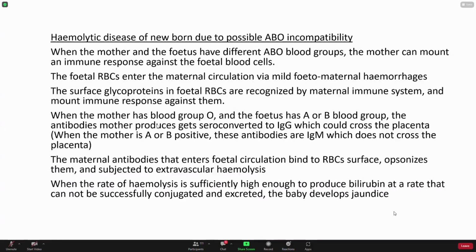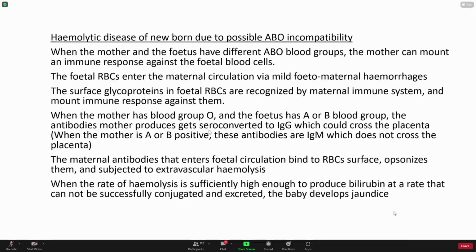When the mother has blood group O, the fetus has blood group A or B, the antibodies the mother produces get seroconverted to IgG, right, which could cross the placenta. Whereas when the mother is A or B positive, these antibodies are IgM, which does not cross the placenta.